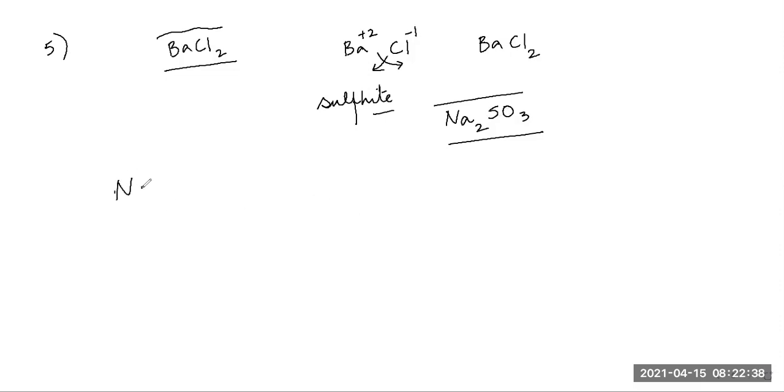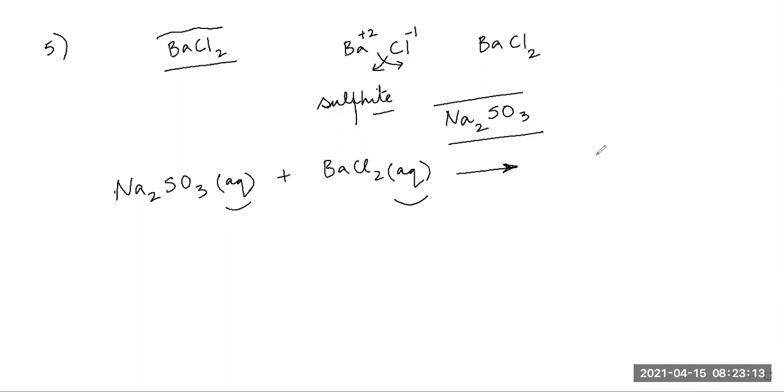Anyone can write? Na2SO3, sodium sulfite, obviously aqueous, plus barium chloride BaCl2, also aqueous. Both are aqueous, so it could be possible. It's a double displacement reaction, as we had already observed when we were classifying different reactions.